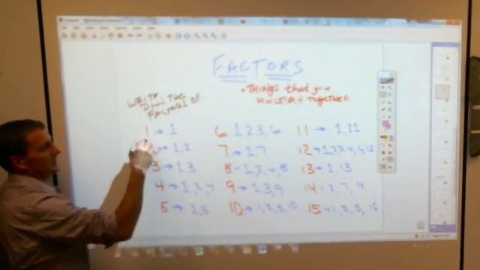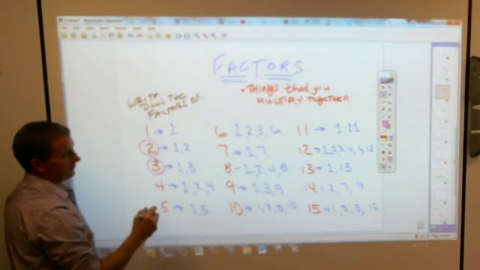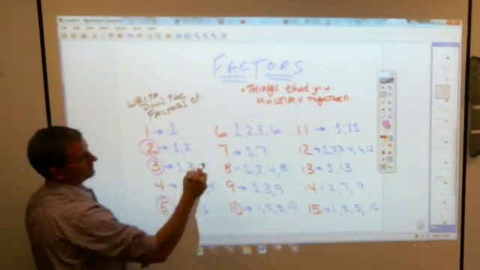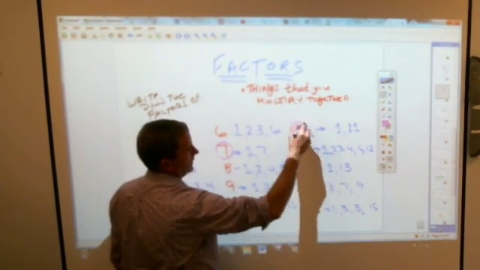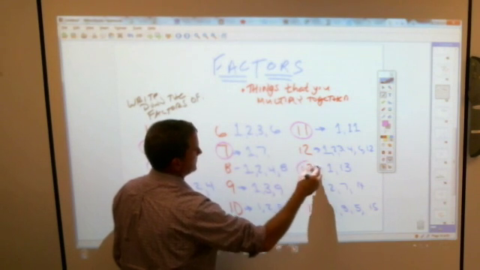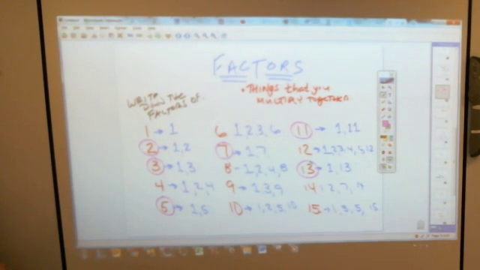The number 2 is a prime number because it only has 2 factors. The number 3 is prime. 5 is prime. 7 is prime. 11 is prime. And 13 is prime. Okay, those are the first 6 prime numbers.